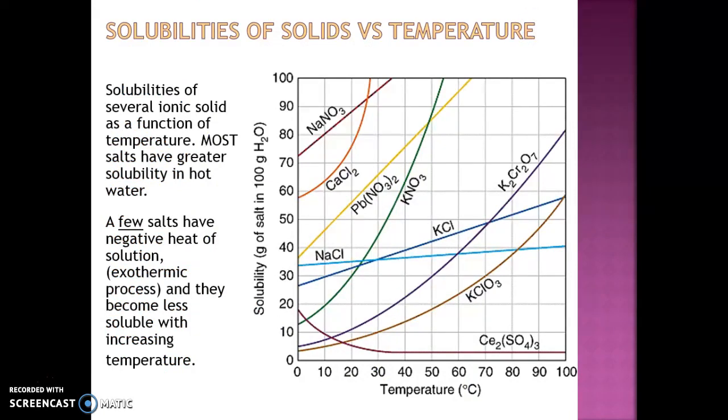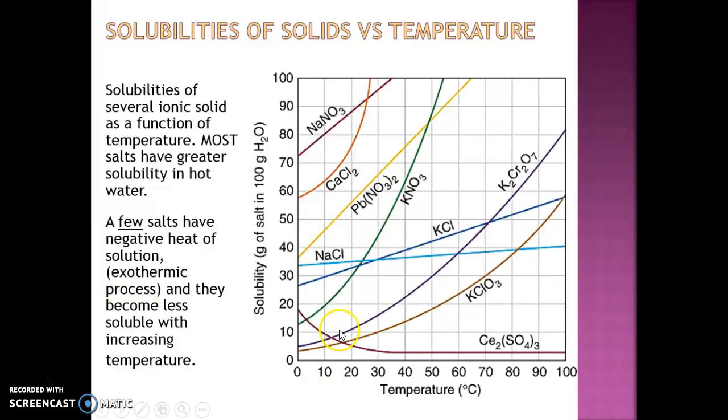Solubilities of solids are going to vary, again, depending upon the IMFs, depending upon the lattice energy, and so on and so forth. So here's just some examples. Most solubilities increase with temperature, as you can see, but they're not all linear. They increase very differently. There's no net pattern, so you can't predict the solubility of something without knowing a whole lot of information about that material.